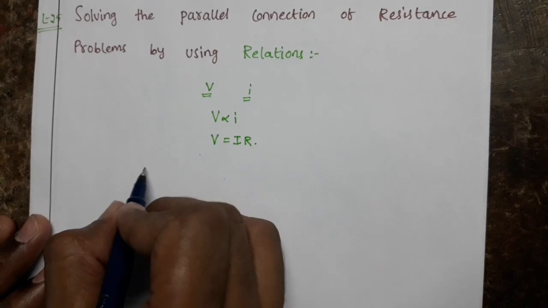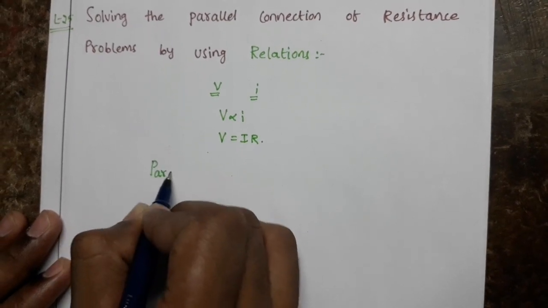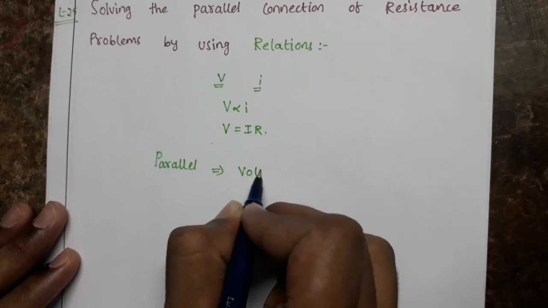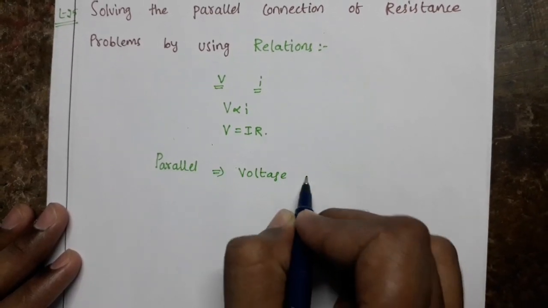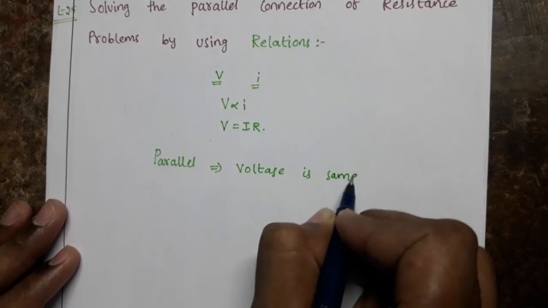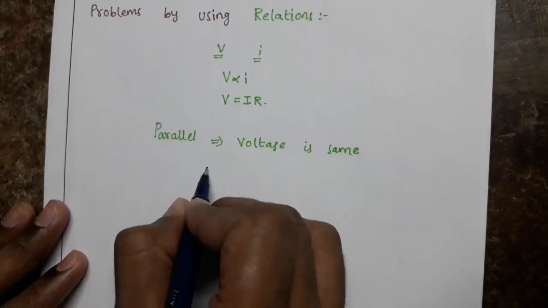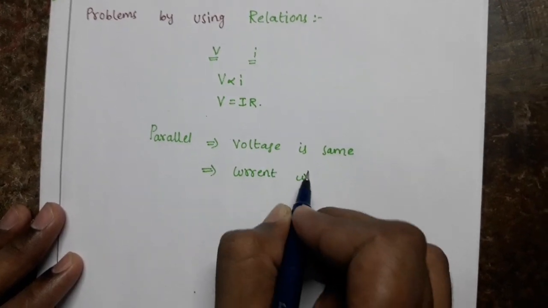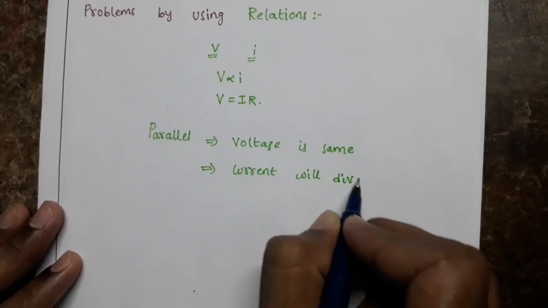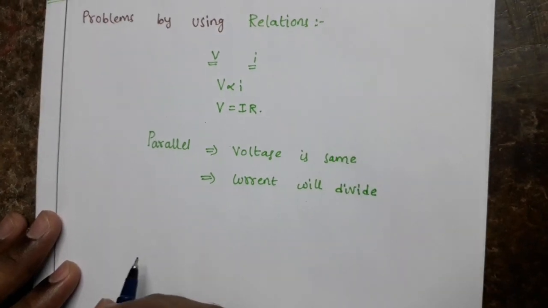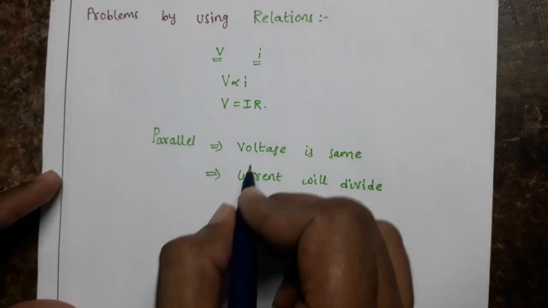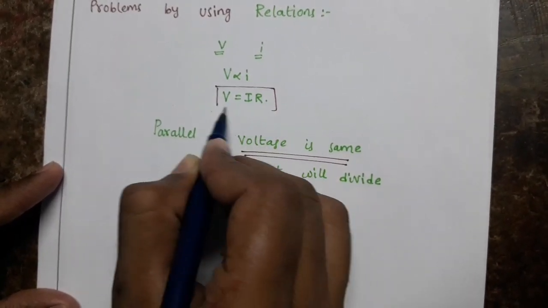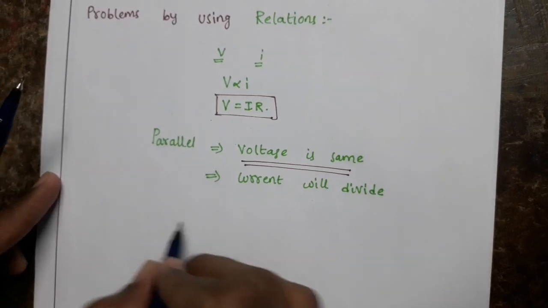We know in parallel, voltage across each branch is same and the current will divide. As the voltage is constant, for this I am applying this concept.